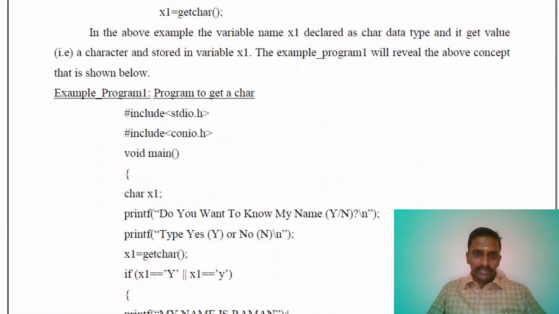The scanf statement will get the input from the user and save it to a variable. Likewise, here x1 is the variable and getchar does the same function as scanf.